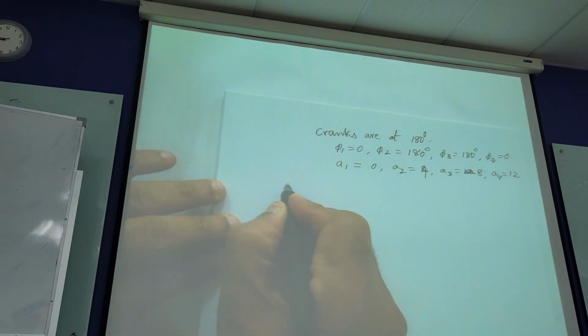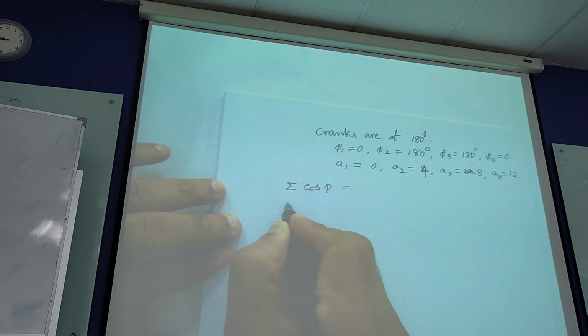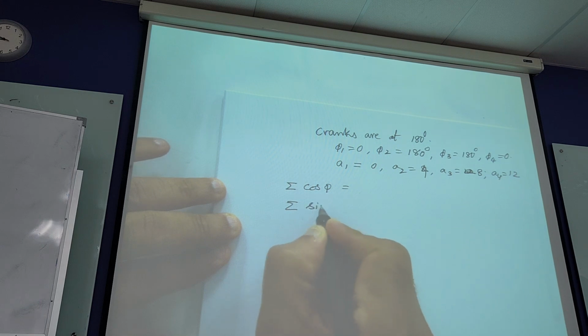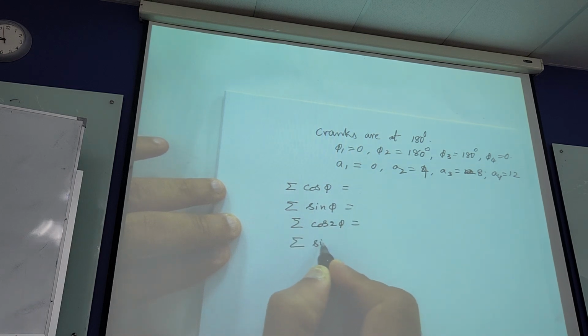So find out what is sum of cosine phi, sum of sine phi, sum of cosine 2 phi, sum of sine 2 phi.